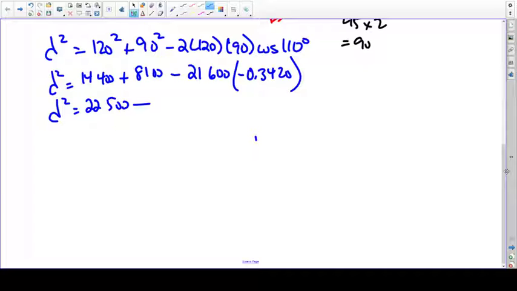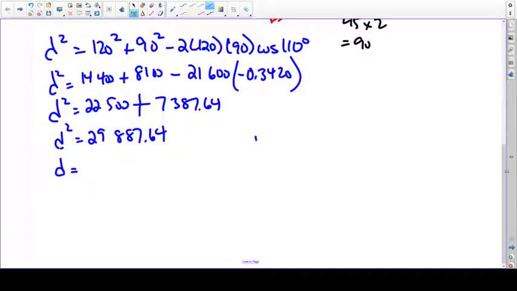Now both of those numbers are negative, so the product will be positive, and we multiply that decimal by 21,600. If we maintain all of our decimal places, we're going to get 7,387.64, which we're going to add to 22,500, and that's going to give us 29,887.64.